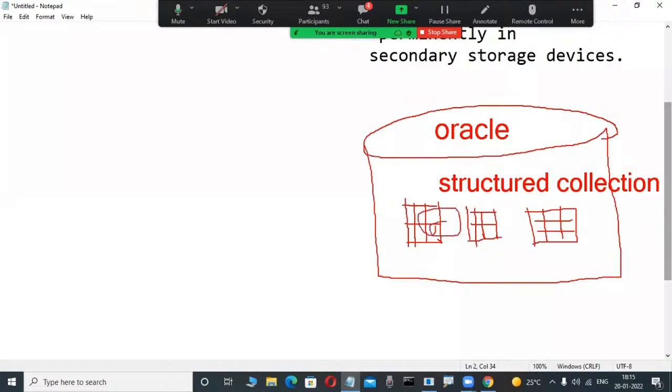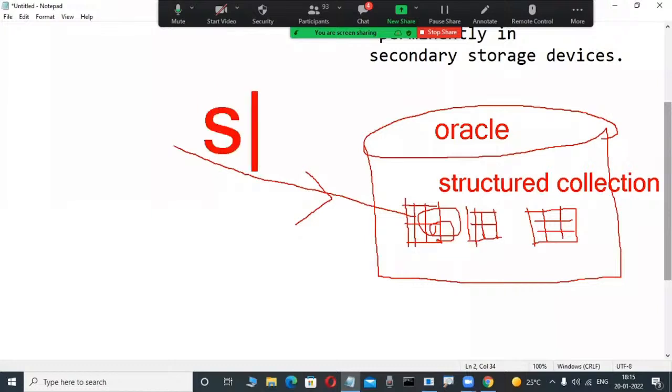Once we have a structured collection of data, to operate on this data some language is required. Maybe anybody has an idea? SQL, structured query language, is the language. Through this language we operate on the structured data in relational databases.